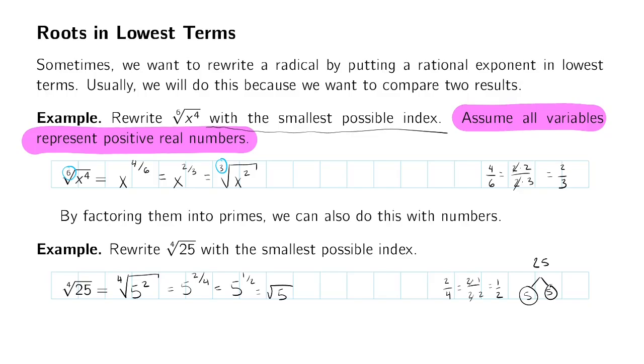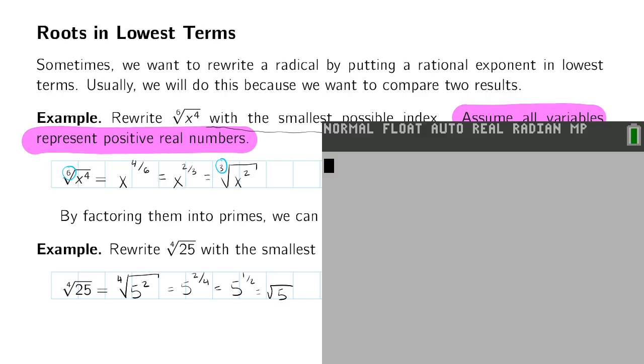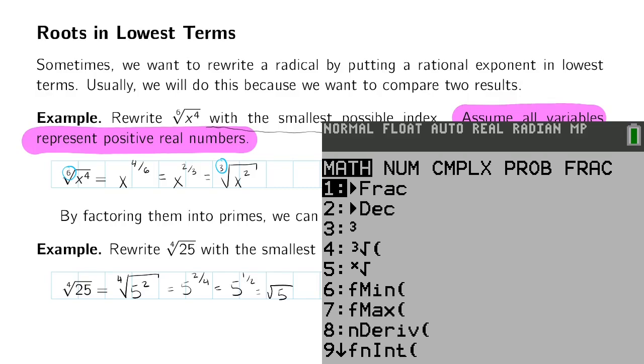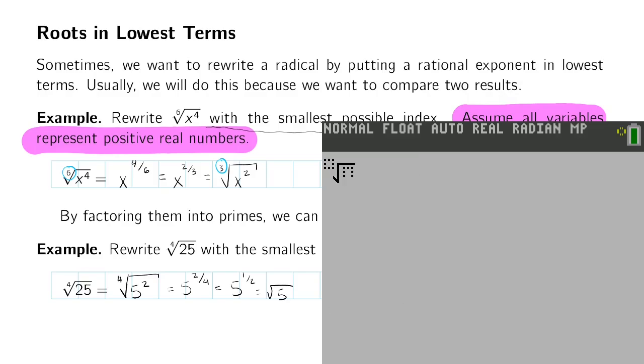I feel like maybe that's something I'd like to check on a calculator as well. So I'm going to go to the calculator really briefly. What's the fourth root of 25? To get the fourth root, I go into the math menu.